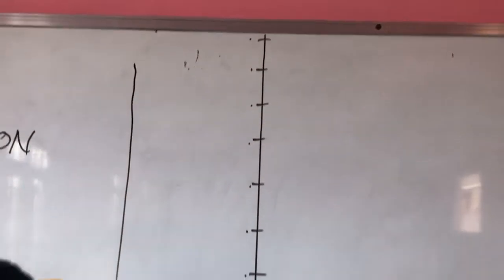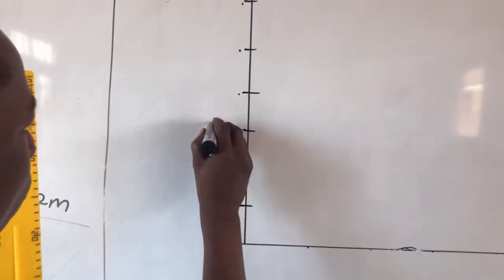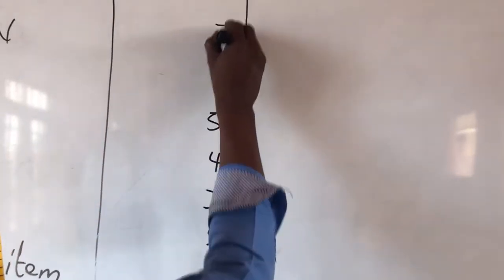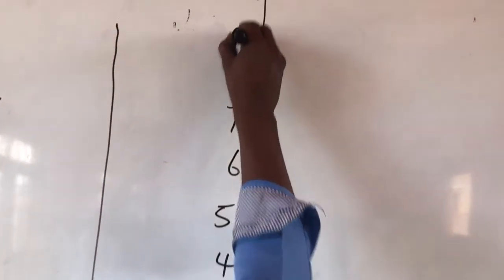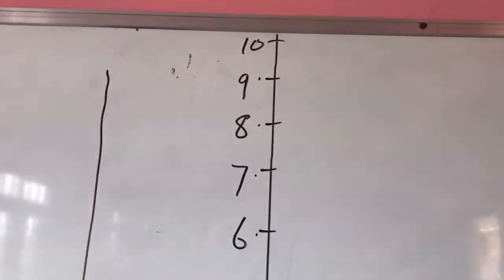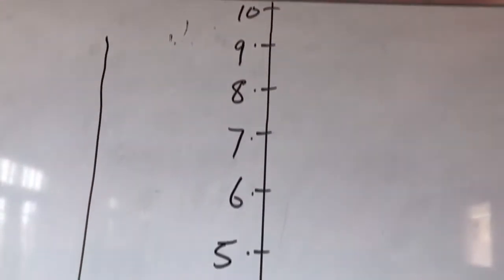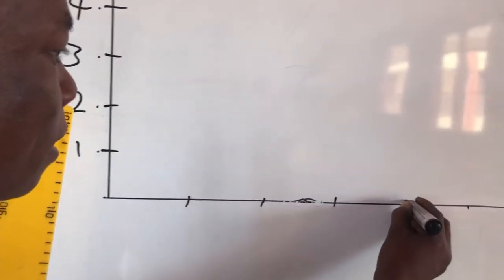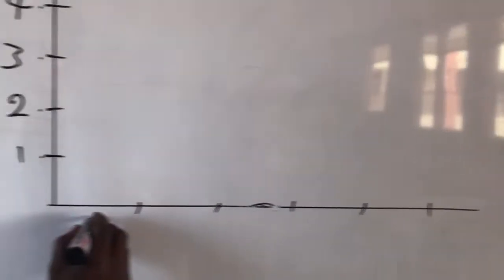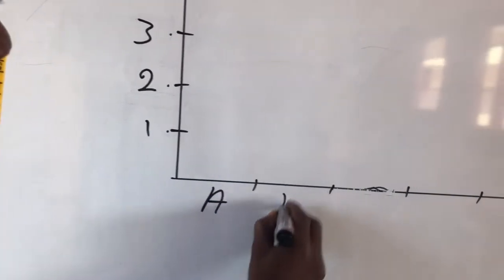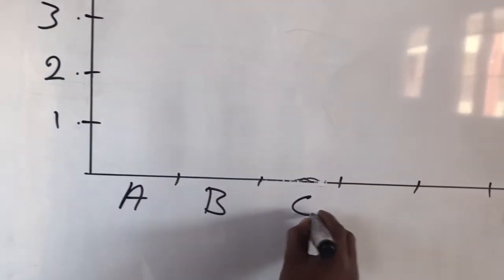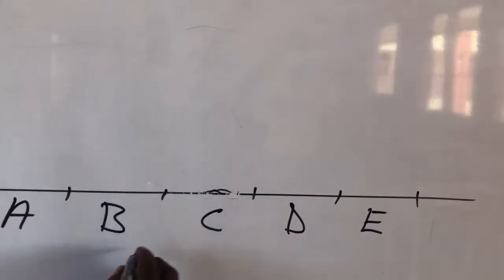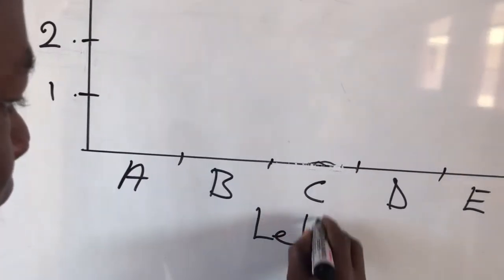This is 1, 2, 3, 4, 5, 6, 7, 8, 9, 10. The other one should be this. You mark it nicely. Then this will be A, B, C, D, E. You have to write this under these letters.